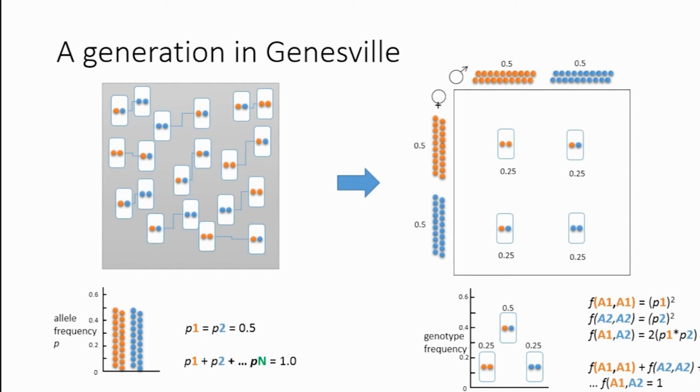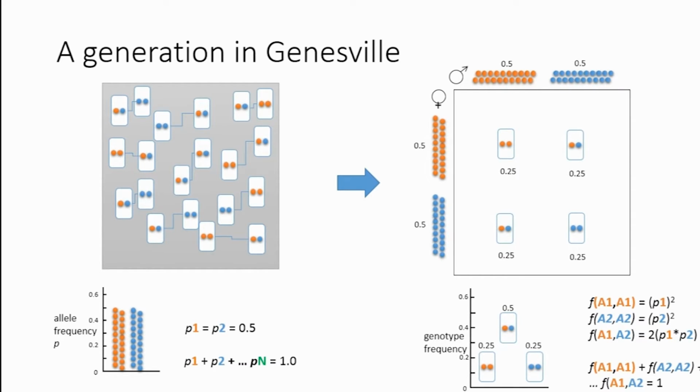Similarly for the homozygotes for the A2 allele, the genotype frequency is equal to the square of the allele frequency for the A2 allele. For heterozygotes, the frequency of heterozygotes is twice the product of the frequency of the two different alleles. And the frequency of all the genotypes adds up to 1.